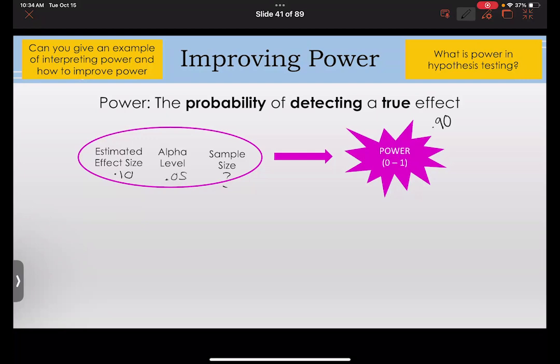I don't know how many people I want. That's the whole point. But I know I want a 0.90. Well, guess what? Now I have all the pieces of the power equation. It's not a simple equation, but I have all the pieces except sample size. Now, what that software is going to do is tell me the number of people that I need in order to have a power level of 0.9.